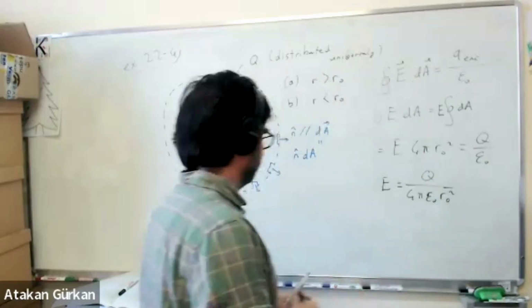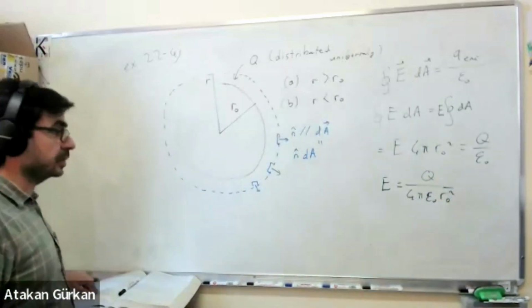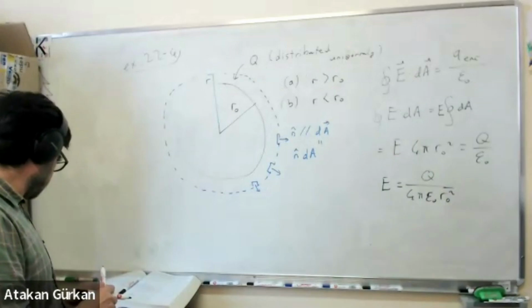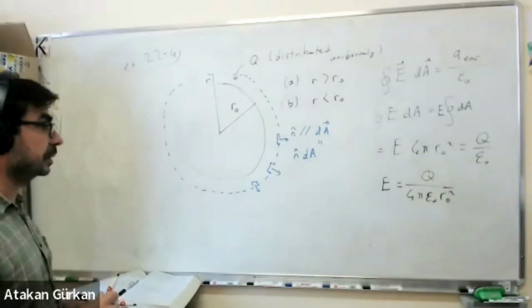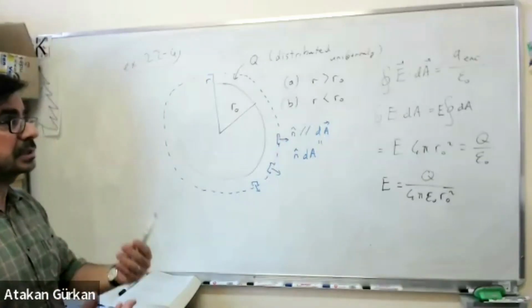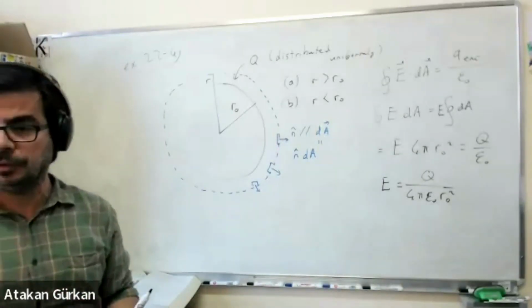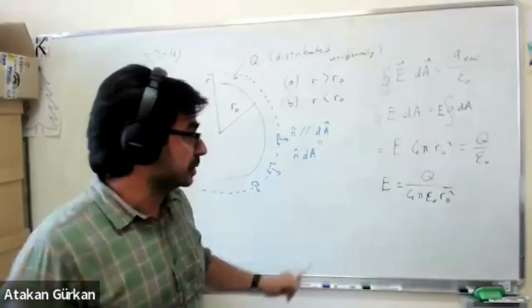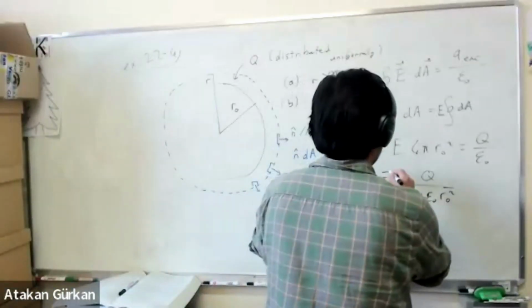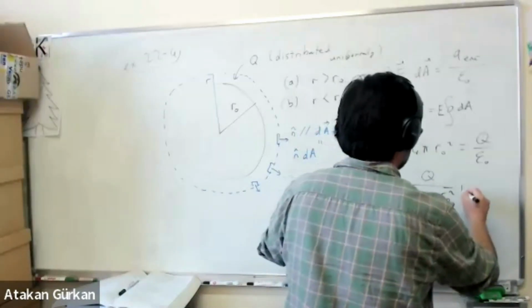Now you can stop here, and the book actually stops here. Yeah, it does stop here, but you can go a little bit further. They're asking for the electric field, and electric field is a vector quantity. This is just the magnitude, but it doesn't actually tell you what it is. So you can say something like, the electric field is going to be in the radial direction.